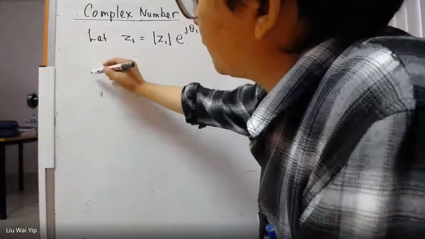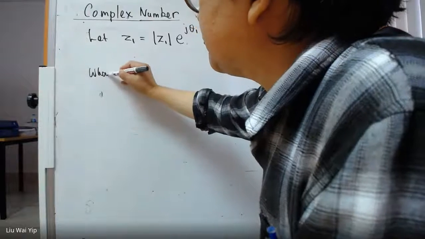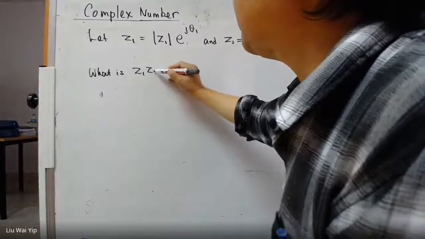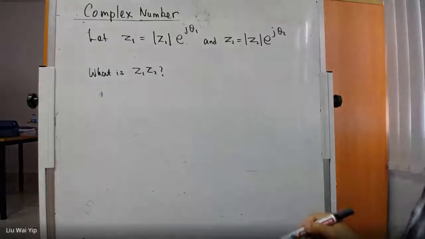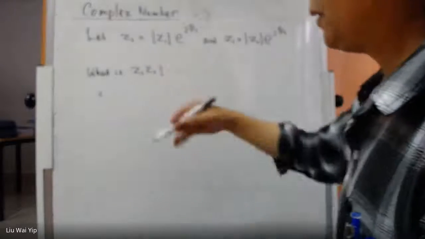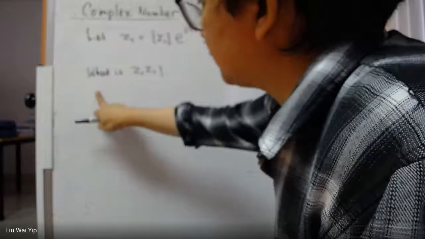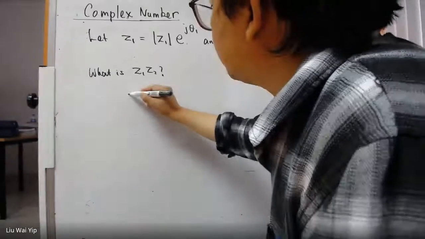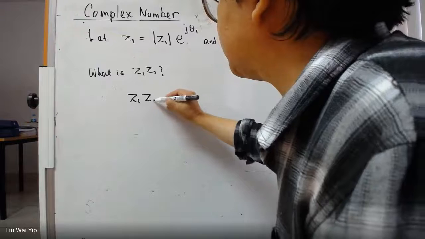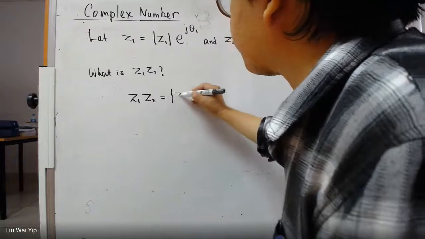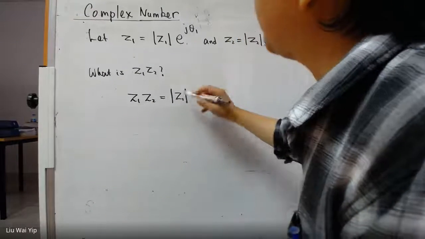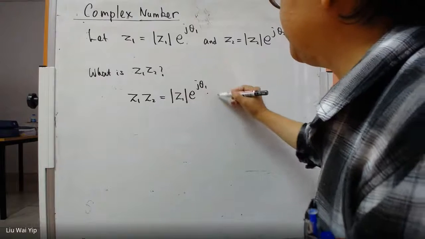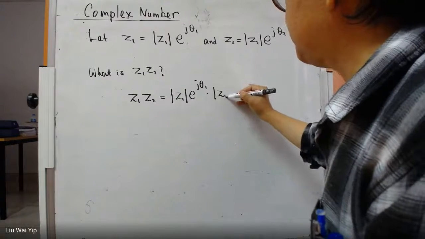The question is, what is Z1 times Z2? Right now, because you have already learned Euler's theorem, this one is very easy. So we write down the polar form of Z1 first, and then we write down the polar form of Z2.